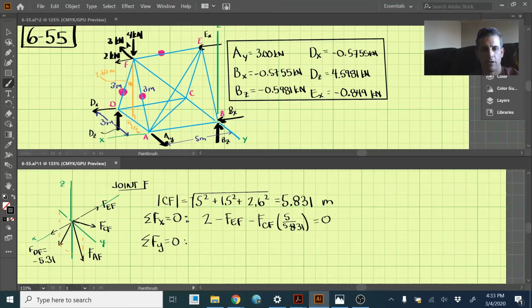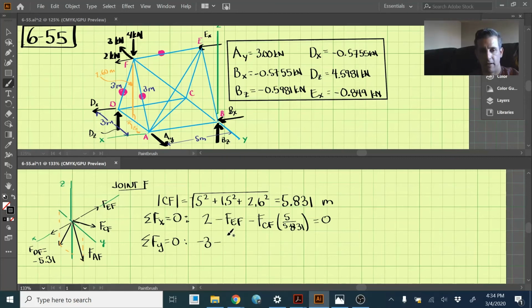So we have the external force in the Y direction of 3 kilonewtons, and it is pointed in the negative y direction, so that will be -3 there. FEF is going to have no component because it's pointed directly in the negative x direction. So we have FDF, the projection of that is going to be in the negative y direction.